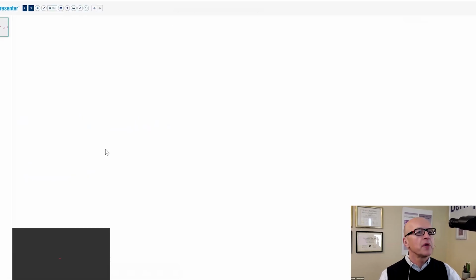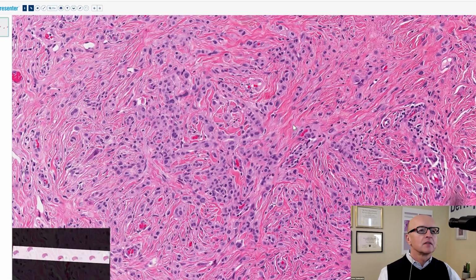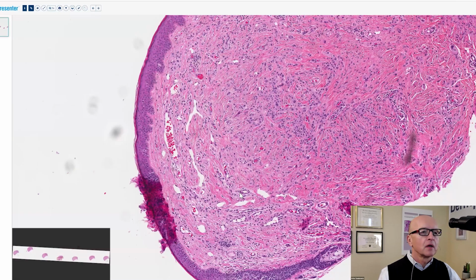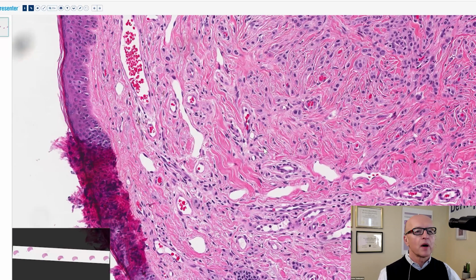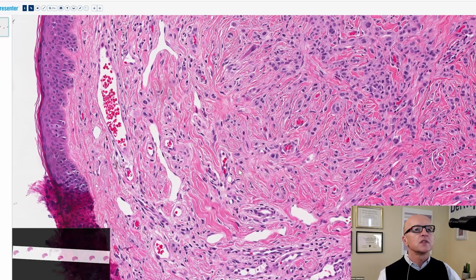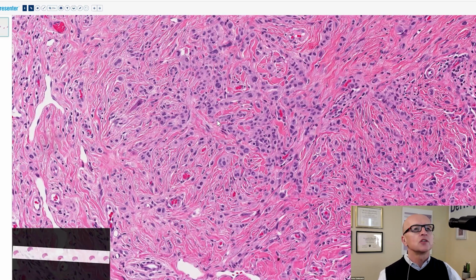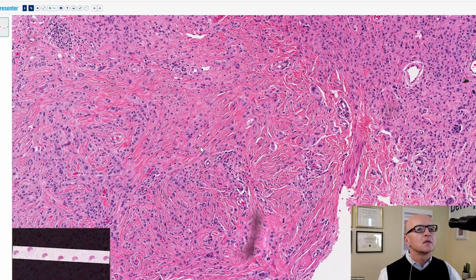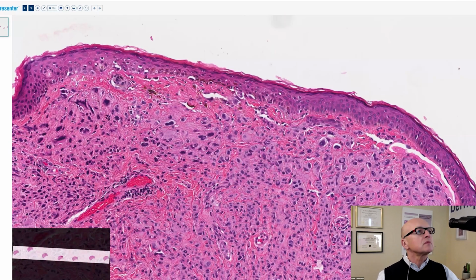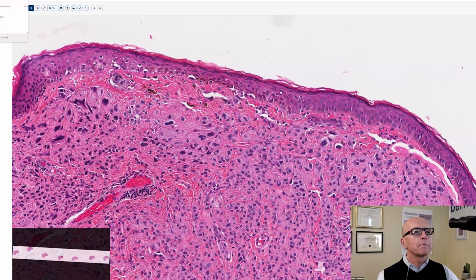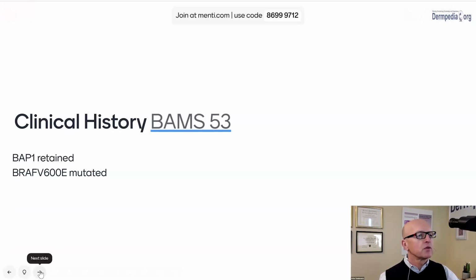Let's just take a quick peek at that lesion again, just to refresh our memory. So it's not a BAPoma, at least by our means of assessment, and this lesion is BRAF V600E mutated. Okay. So what do you think now?